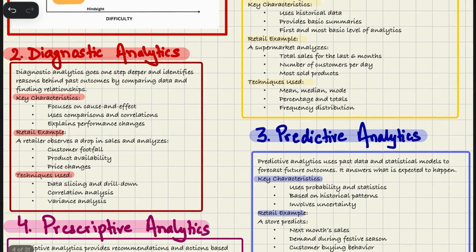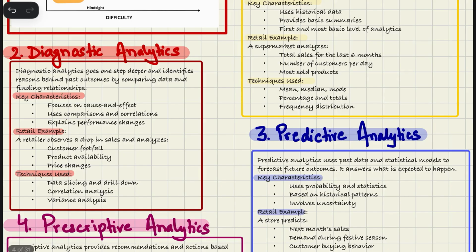Next comes diagnostic analytics. This takes a step deeper to identify anomalies and drill down into the data to discover the root causes and correlation. For example, there is a sudden 20% drop in the sales. So you look deeper and find out that a key competitor launched a 50% discount.